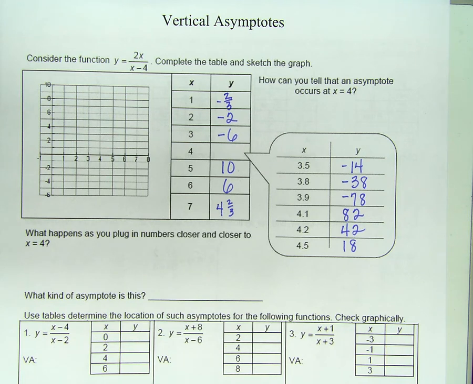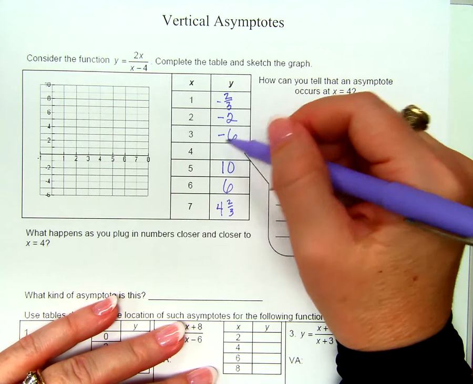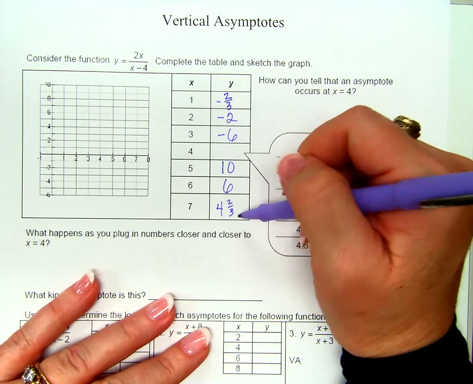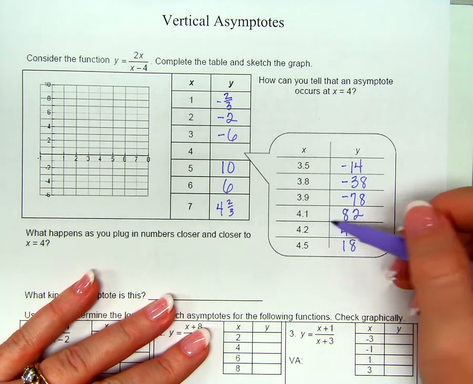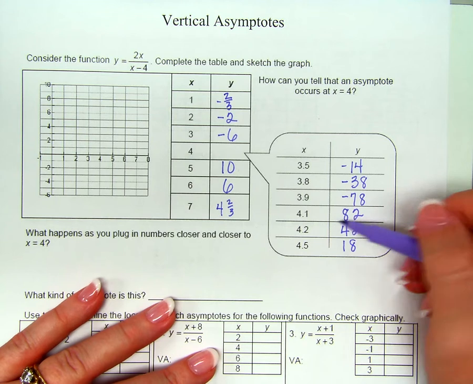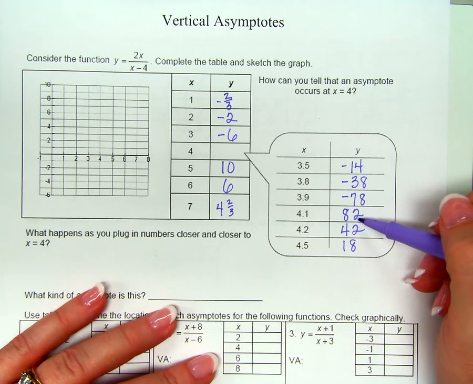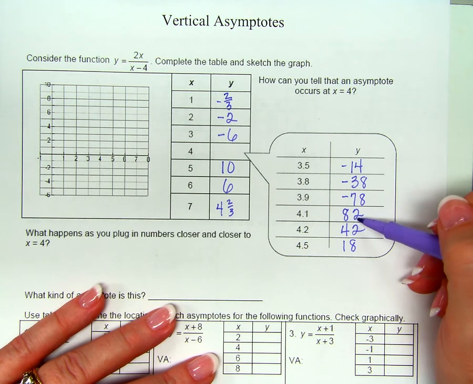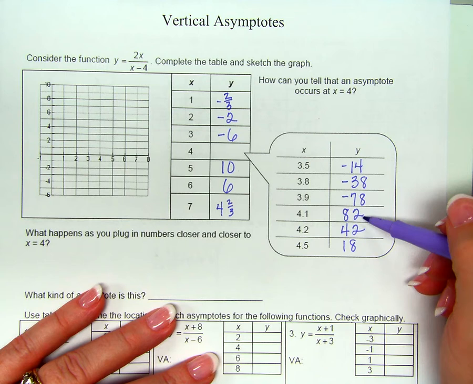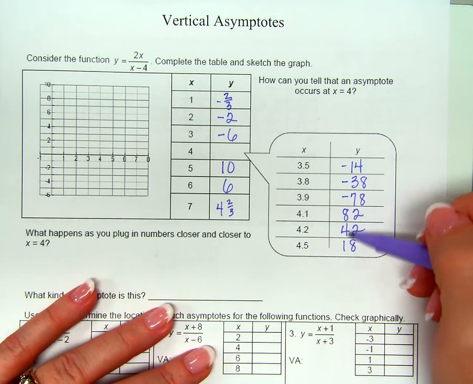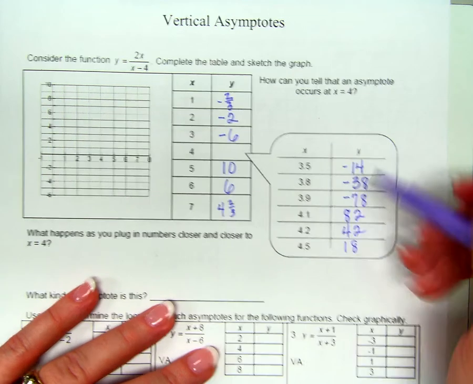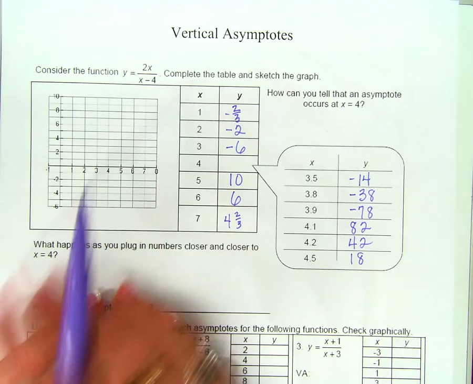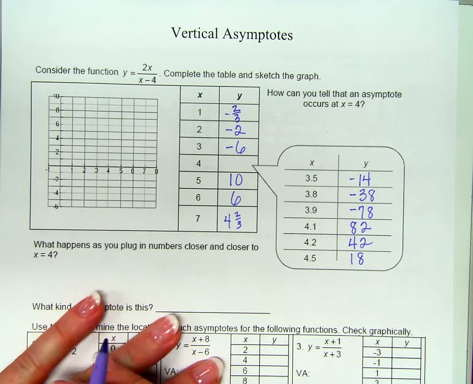Because we're working with numbers like negative 2/3, negative 2, negative 6, 10, 6, 4 2/3, and suddenly we have 82. Now, is 82 a big number? No. I mean, if I owe somebody $82, that's a big number, right? But if we're talking about distance between here and the moon, 82 miles is not even that far, is it? So keep in mind that sometimes crazy numbers can happen like this, especially around asymptotes. Just keep that in mind.